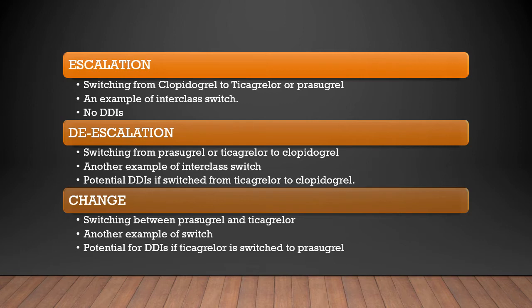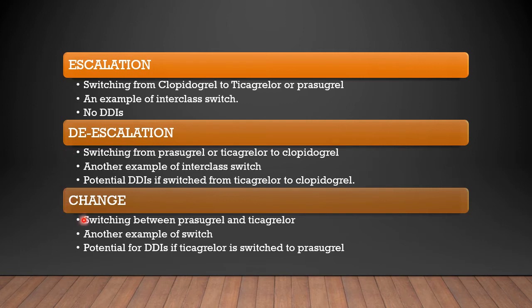When coming to de-escalation, this is referred to as switching from prasugrel or ticagrelor to clopidogrel, and it's another example of interclass switch which has potential drug-drug interactions, particularly if switched from ticagrelor to clopidogrel.